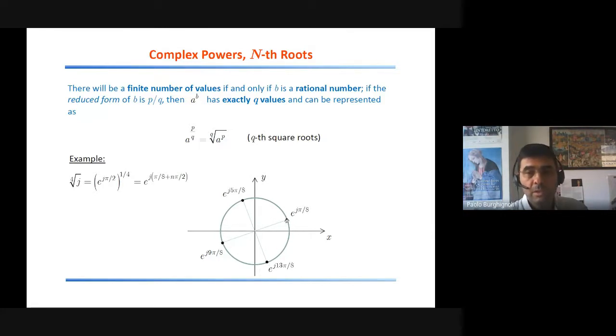So in total you have 4 points on this circle that give you the 4 possible values for the fourth order roots of the quantity j. So what you get is basically a polygon in the complex plane whose vertices are the roots of qth order in general.